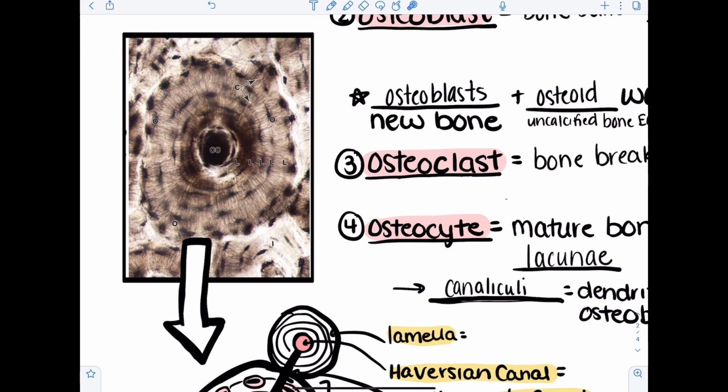And so what we see in the system is we have a central canal. The central canal is going to house our blood vessels and our nerves. Then we have all of these different layers going around, sort of like a tree trunk, right? These are known as lamellae. Lamellae are concentric layers.